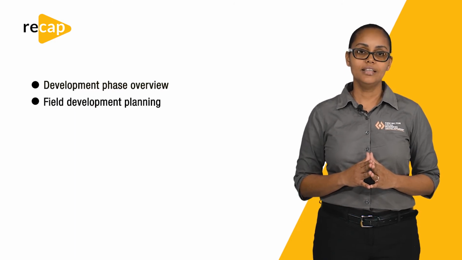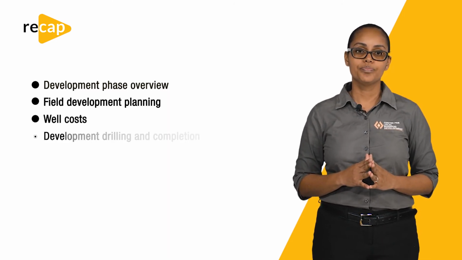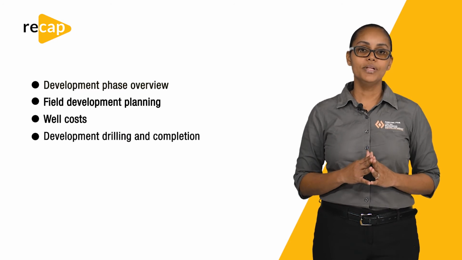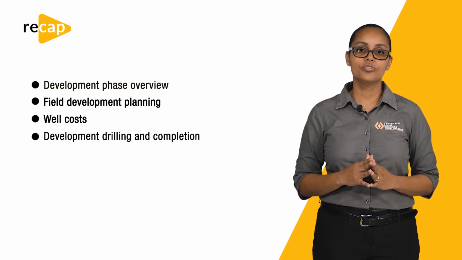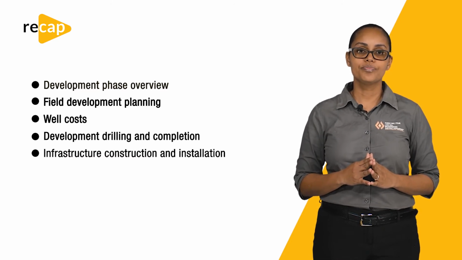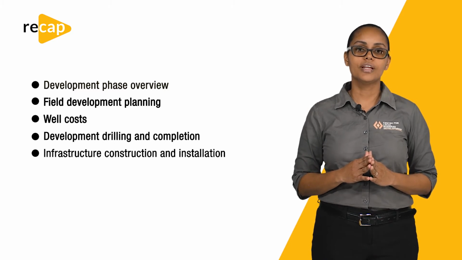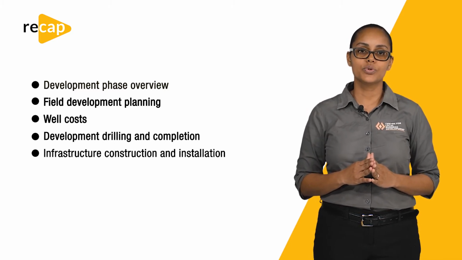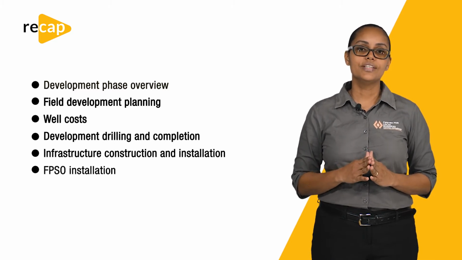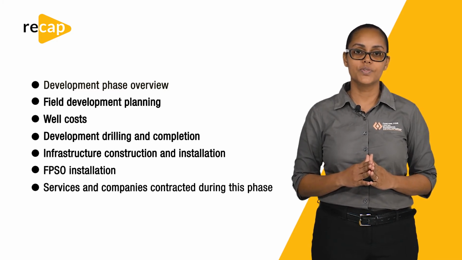Field development planning and the steps involved, such as the EIA and parameters to be determined, well cost, development drilling and completion and the various methods to fulfill drilling activities, infrastructure construction and installation, the offshore infrastructure involved and how infrastructure like the FPSO and subsea systems work together, FPSO installation and the services and companies contracted during this phase.